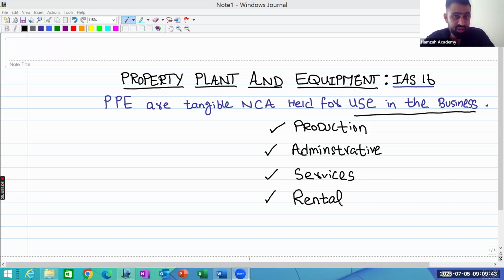The notes will be provided to you in three forms: volume 1, volume 2, and volume 3, and they will be available on LMS.